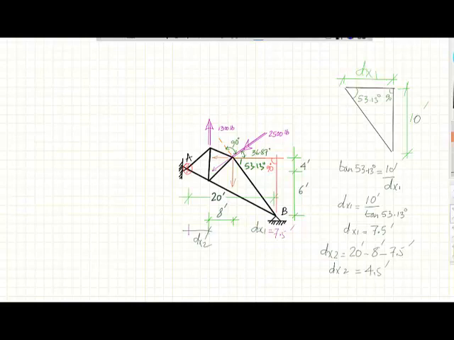So that's why we have the distances for all the forces that we would like to use in this sum of moments about point A.